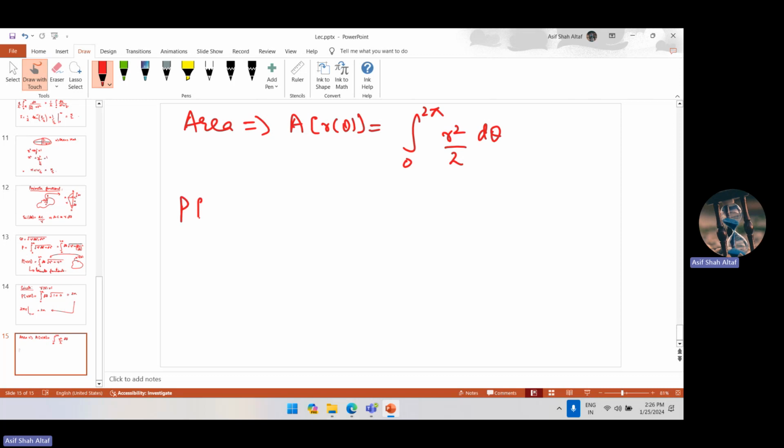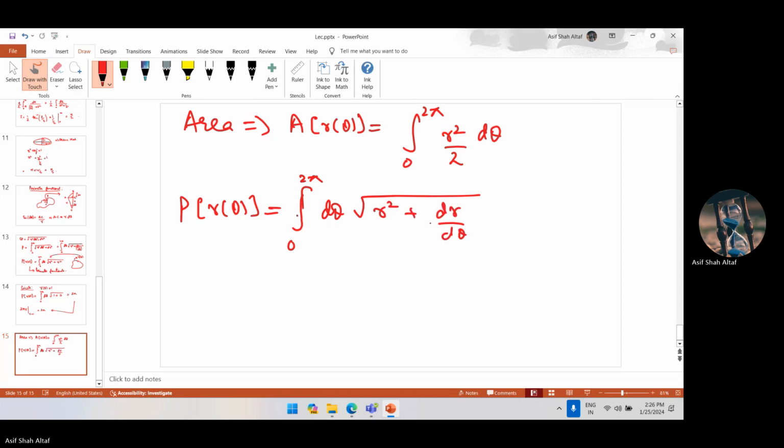And then you have this perimeter functional. So what's the difference between these two? The first one, the area, only depends on the value of r at a particular theta, right? But in the case of perimeter, it depends on its derivative as well.